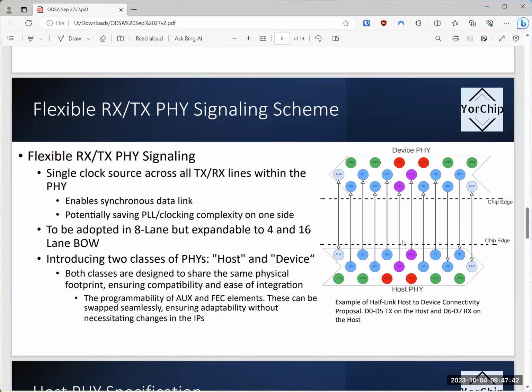So now if you have a device that is using the traditional BoW, it means two things. Either it does need the extra pins, in which case we can afford to assign two PHYs on the other side to it, or it's basically suboptimally designed.